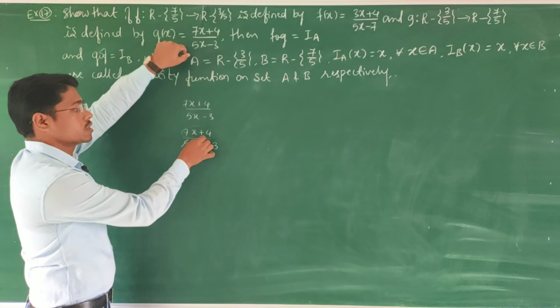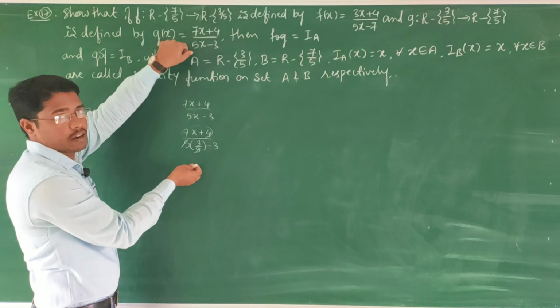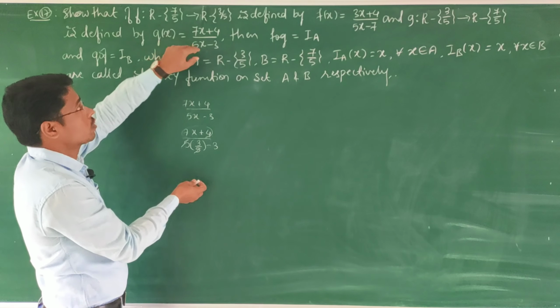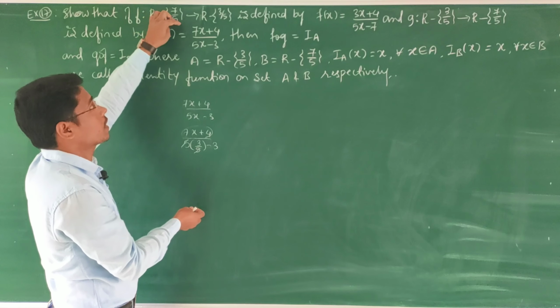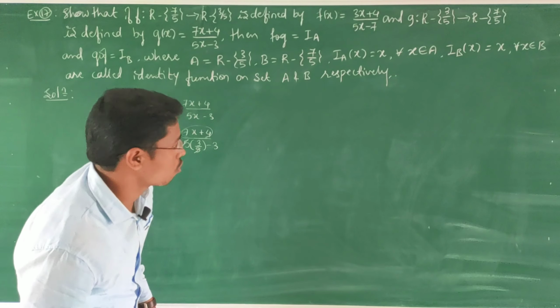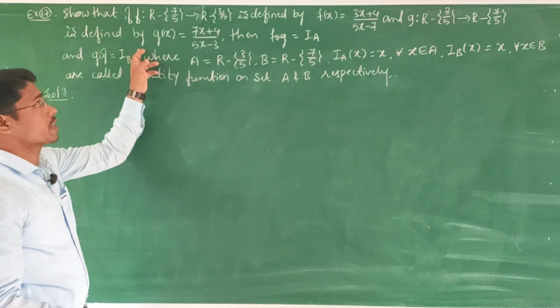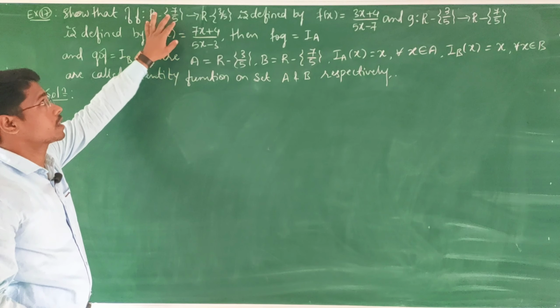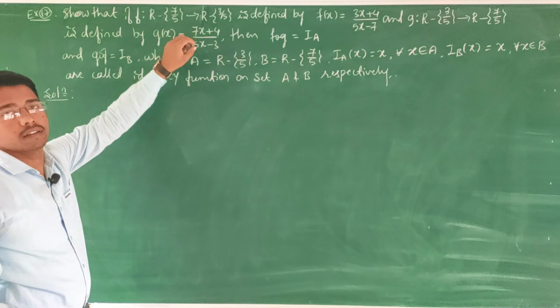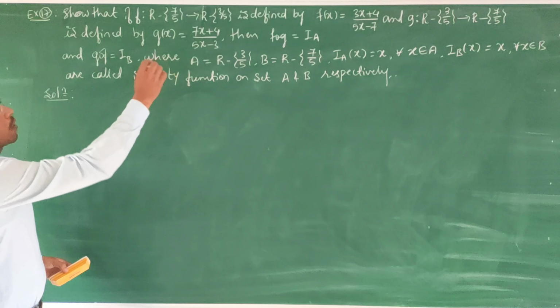So anything upon 0 is not defined, which means it is an undefined function. Therefore, they exclude 7/5 and 3/5 from the domain and codomain. So the functions f(x) and g(x) are not defined at the points 7/5 and 3/5. Now find the fog.